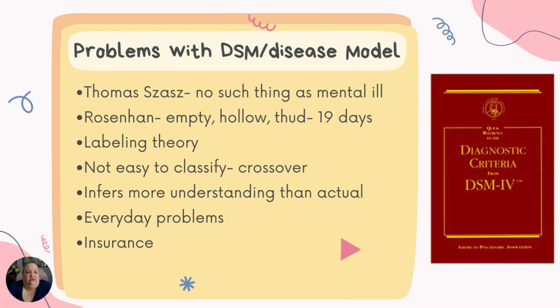It infers more understanding than we actually have. And some of this can be everyday problems that people just have to deal with, and there's no way to really classify that. And insurance is a huge problem for mental health. They have tried in the last few years to get insurance to approve a lot more of this mental health awareness, especially with COVID-19, the recurrence of mental illness has gone through the roof.